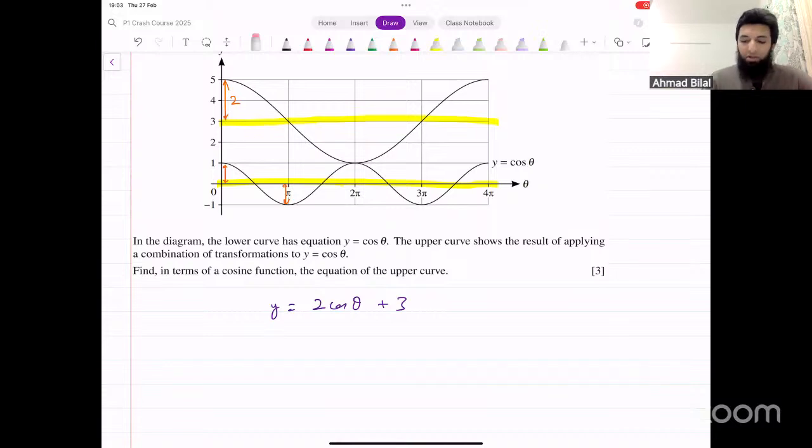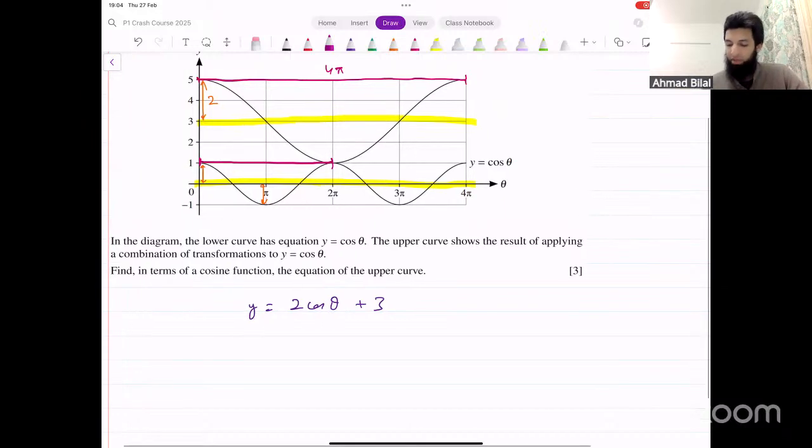What is happening horizontally? Let's think about that. Horizontal transformations. Horizontally, the period of the graph was 2 pi earlier. That's the original period of the graph. After it is transformed, the period now becomes 4 pi. So the period is being multiplied by 2. Remember what used to happen in this case?